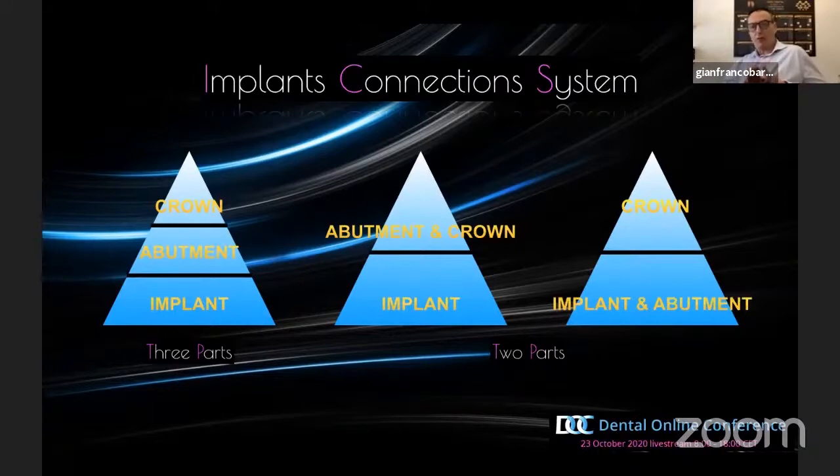And also, though less frequently, an implant with the abutment connected in one piece, on which we put a crown.